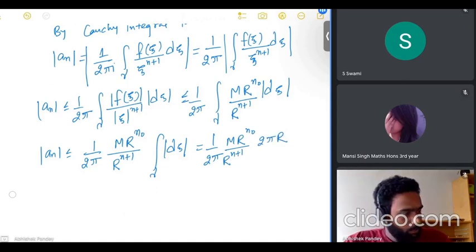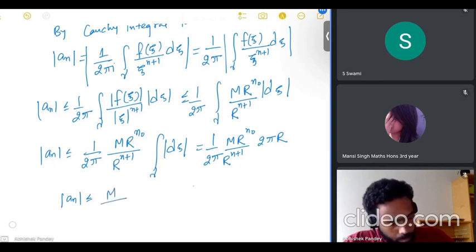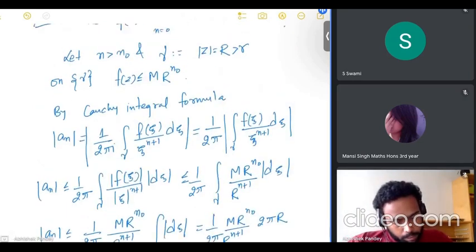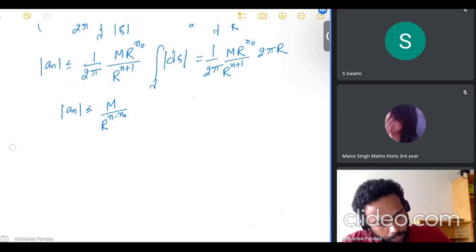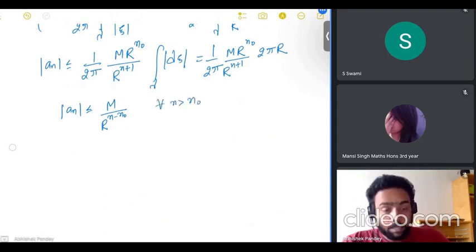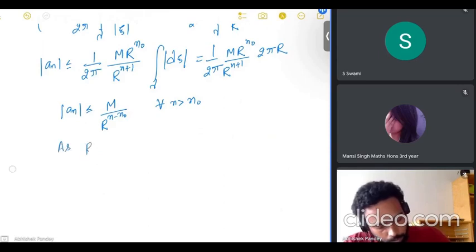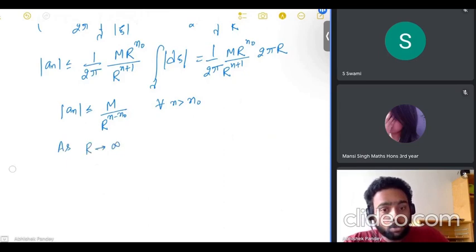Okay, so this is nothing but mod a_n is less than or equal to M upon r to the power n minus n_0. Basically, I have taken n greater than n_0, for every n greater than n_0. Now as r tends to infinity, this right hand side goes to 0.